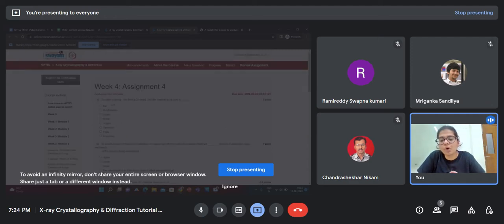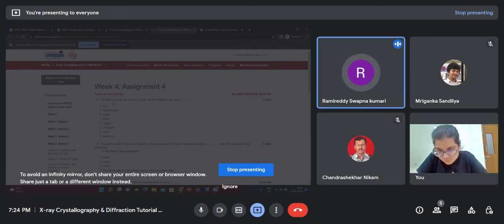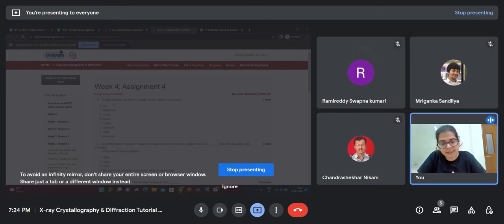The first question is: to obtain a strong line from a copper target, the filter material to be used is... Which metal can we use as an anode in an X-ray tube? Can someone tell? Nickel, ma'am. Okay, for copper you are saying a nickel filter we should use, right?